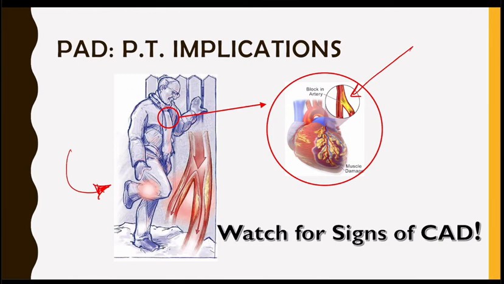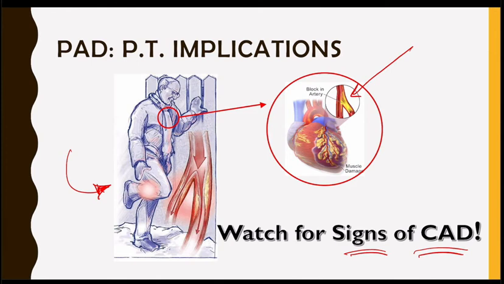So for that reason, with anyone with peripheral arterial disease, you want to be watching for the signs of coronary artery disease, very vigilant for any evidence of ischemia, but also taking vitals on these patients at rest, during exercise, and during recovery. Because it is very possible, especially if they have been relatively inactive and now you're inducing exercise, that you might uncover the first signs of cardiac ischemia.